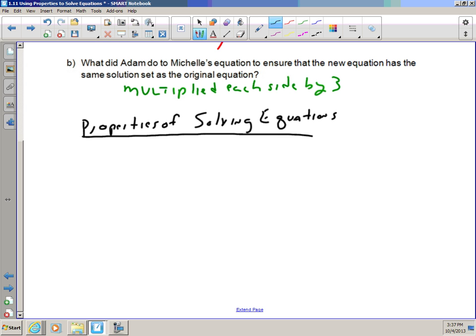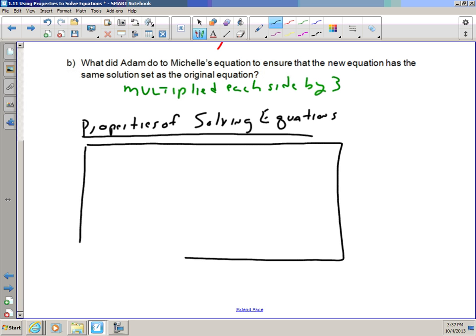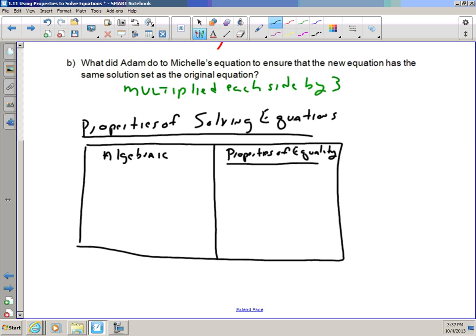So I have 2 categories of properties. First are algebraic properties, and again, this is in your notes, even though it doesn't show up here, and properties of equality. And what are those categories?